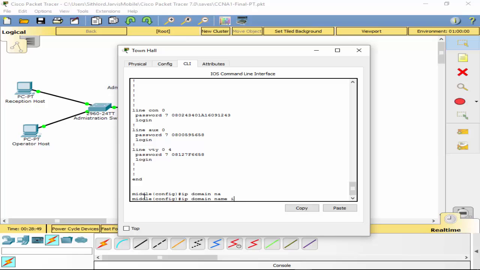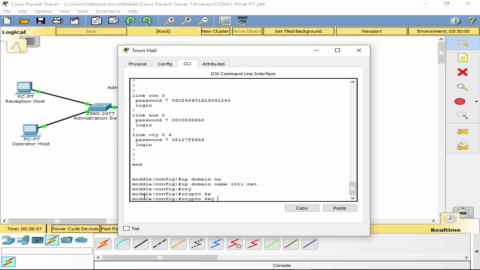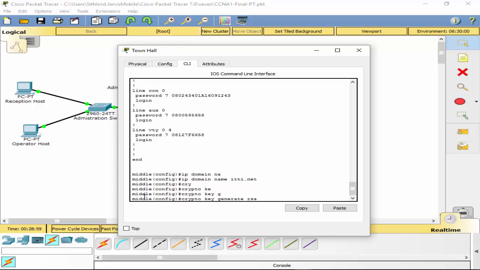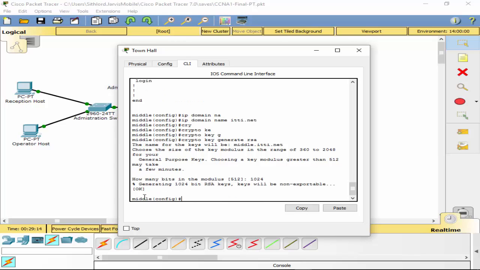and whatever you guys want to put. itti.net is what I'm putting. And so I put itti.net, and now I can issue this command: crypto key generate RSA. So this is what actually makes our RSA key. And if you read down, it says to use the value of 1024. So we use 1024 because to use SSH version 2, we have to be above 712, I think, or something.